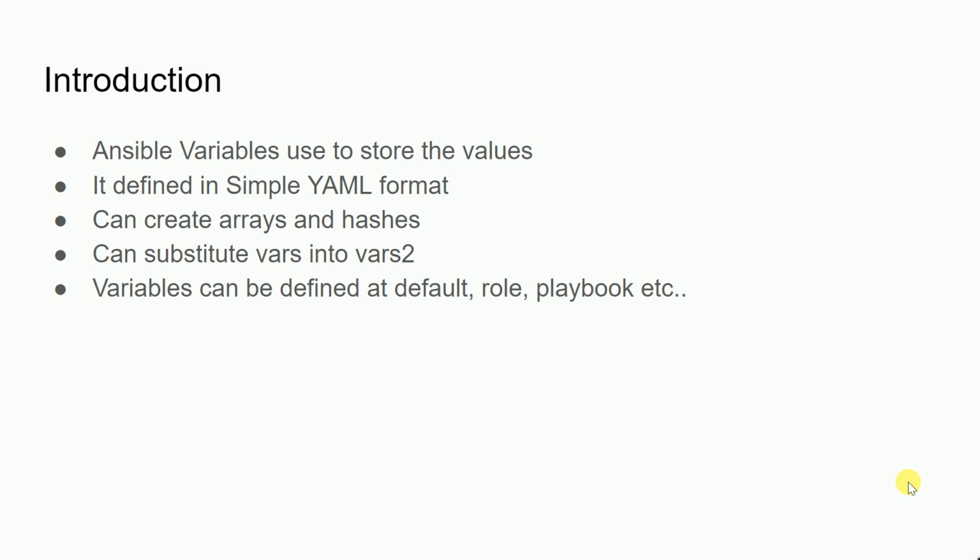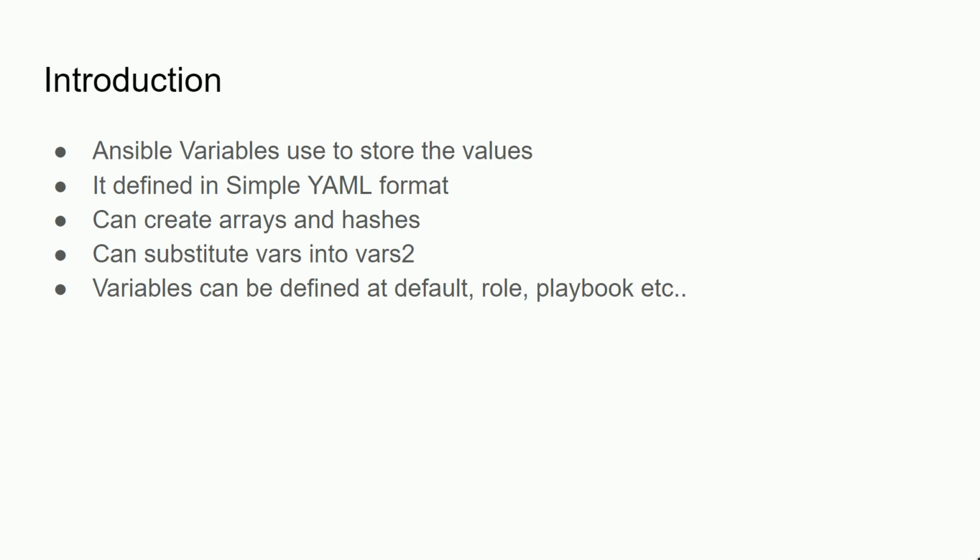Ansible variables are basically used to store values. As we know, in any workflow, whenever we need to store a value, we need to use a variable. So Ansible also provides variables to store your information, which we can use in the further workflow.